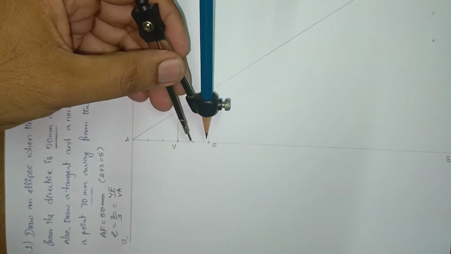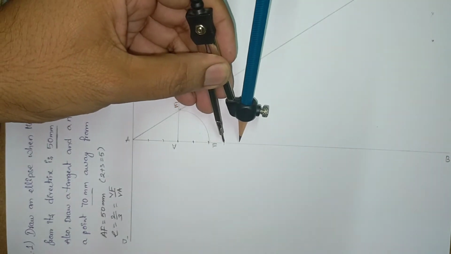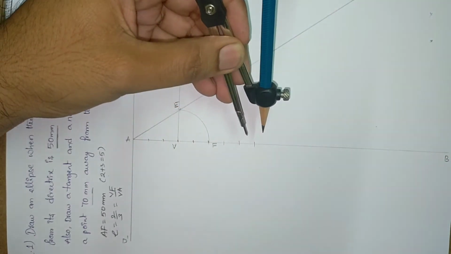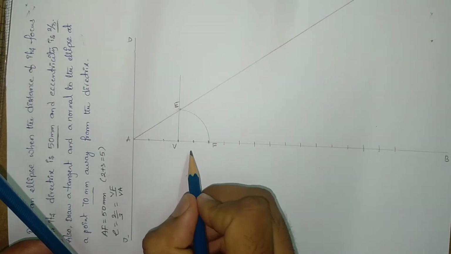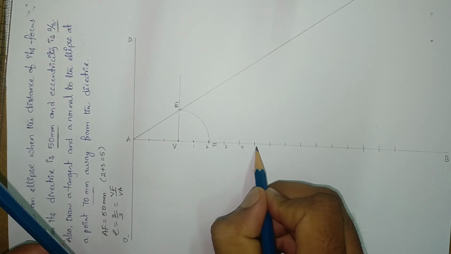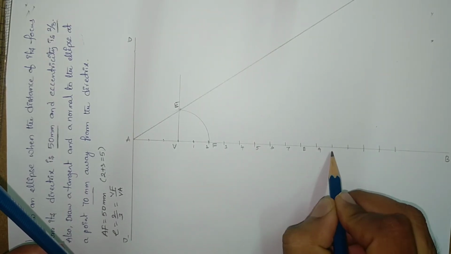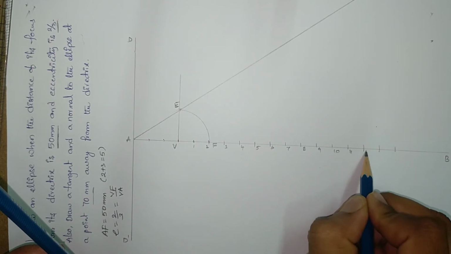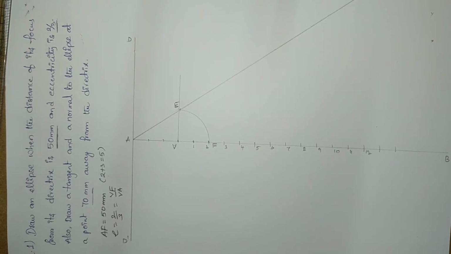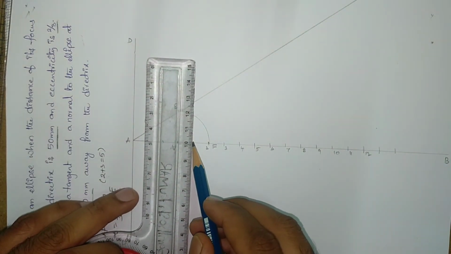This is point 1, then point 2, 3, 4 and so on, up to 12. Draw a perpendicular at points 1, 2, 3 to intersect the VE line.